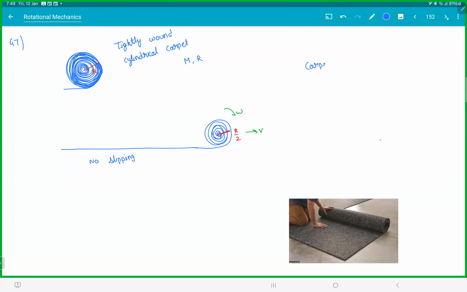Carpet starts rolling without slipping as shown. Find speed when the radius becomes half.